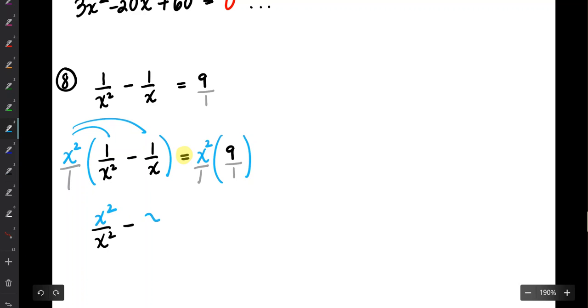Minus x squared times 1 is x squared, all over 1 times x, which is x. And x squared times 9 divided by 1 is just 9x squared. So like we've been doing on all of these, clearing our decimals, clearing our fractions.